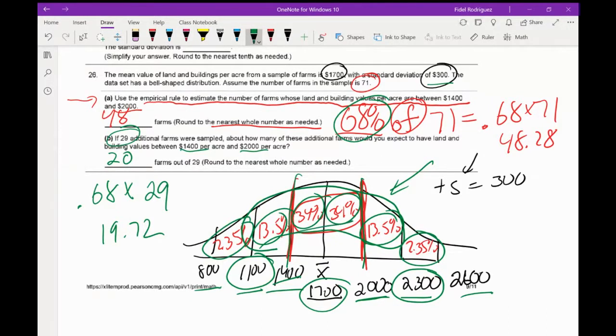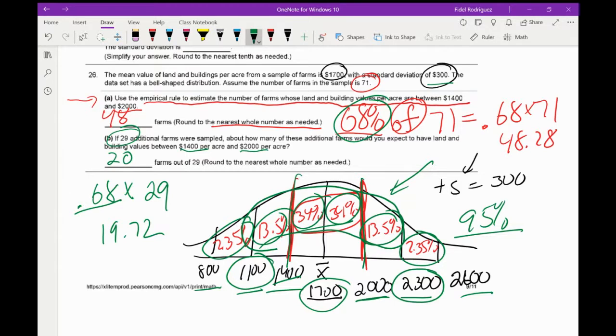Well, I already know that those two in the middle is 68, and then I'm going to add 13 and a half and another 13 and a half, and now I'm looking at 95%, right? And then I would do my problem the same way, but instead of multiplying by 0.68, now I'm going to multiply by 0.95, right? It's just going to depend on the problem, but the idea and how to do the problem is the same way. All right, so good.